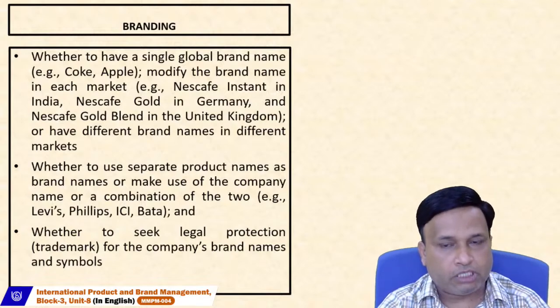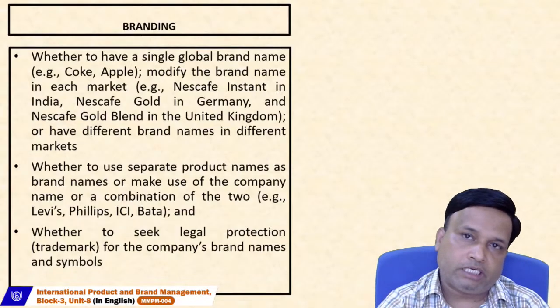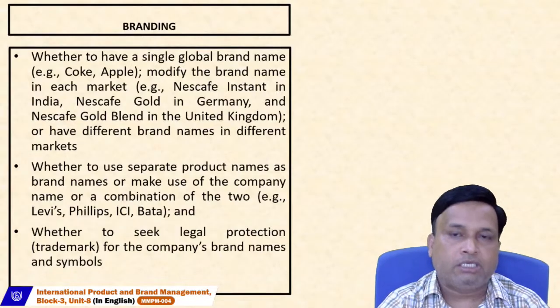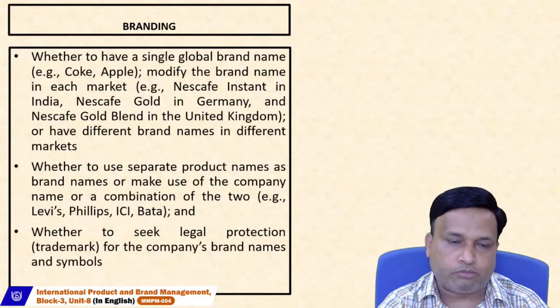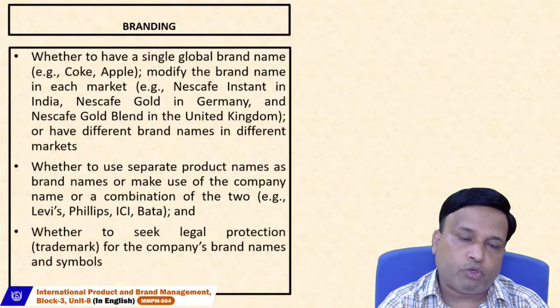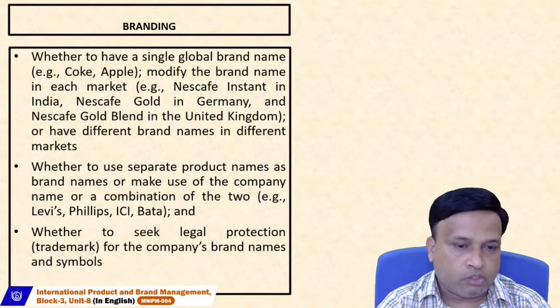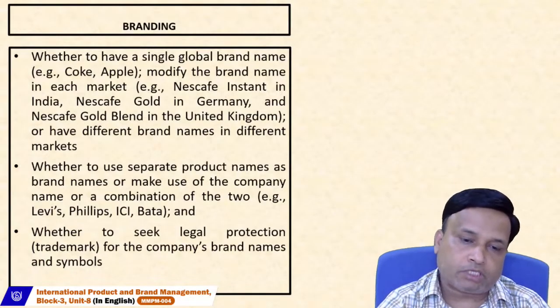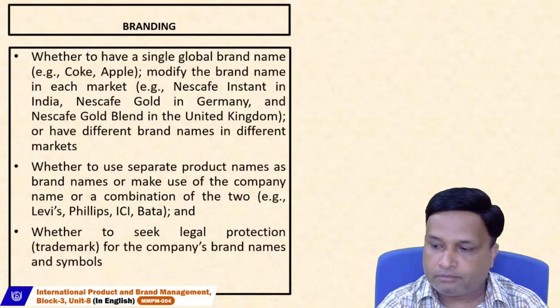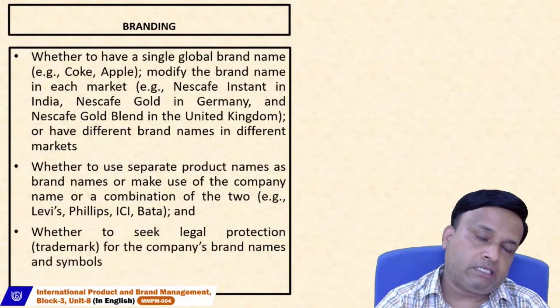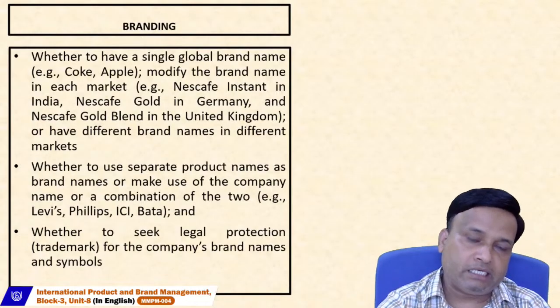So when we talk about using both names or one name, company name or brand name: if your company is successful, use the company name. If your brand is successful, use the brand name. If you want to use both, then use both. Whether to seek legal protection for the company's brand names, you have to think about that. So these are the things which come under branding initially.